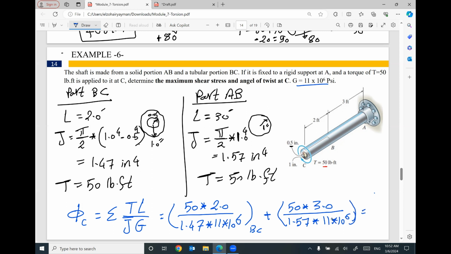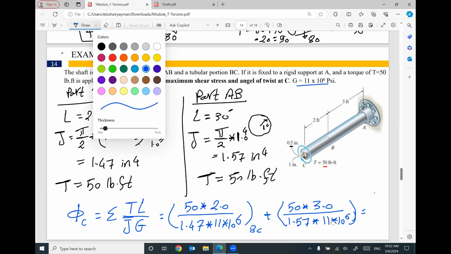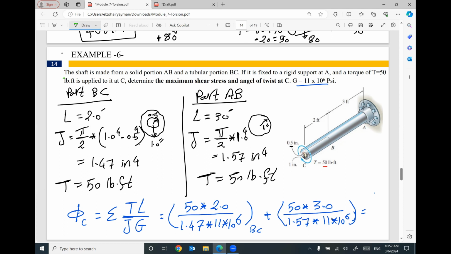Before figuring out the final value, I would like to make sure the units are good. The units for the torsion is pound-foot. The length here is foot. The moment of inertia is inch to power 4. This G is PSI, which is pound per inch square.